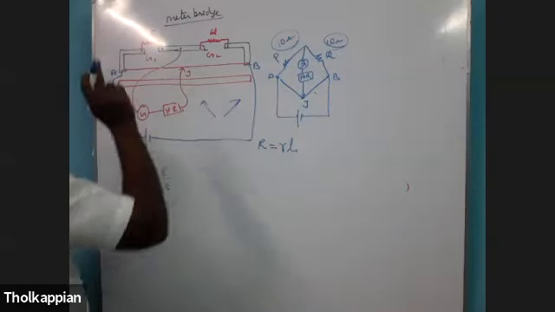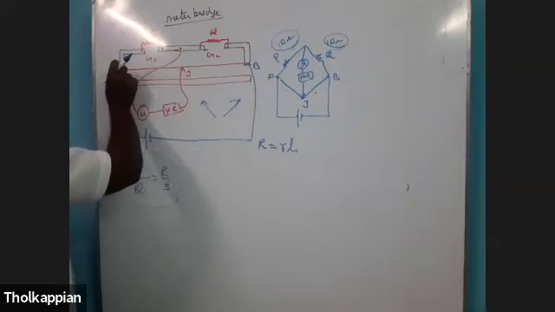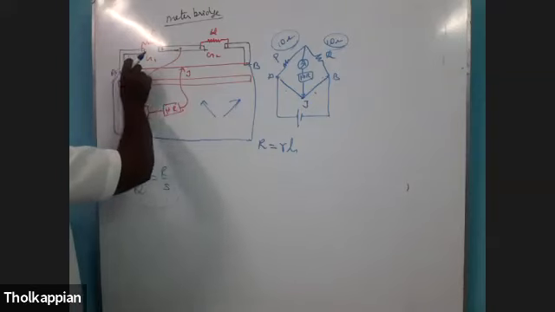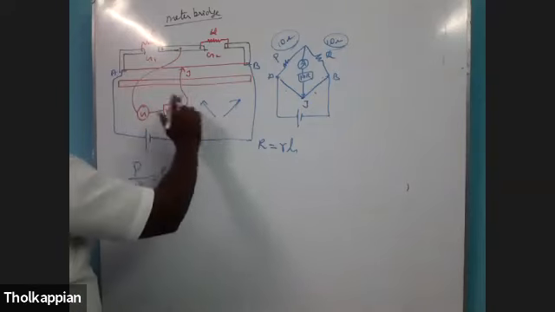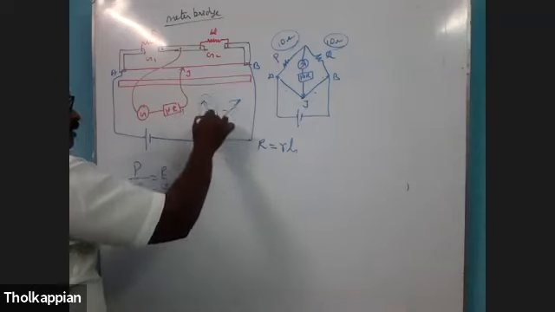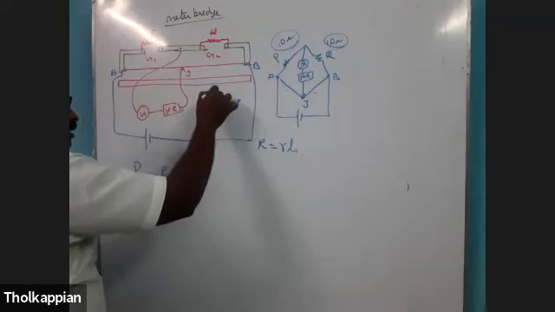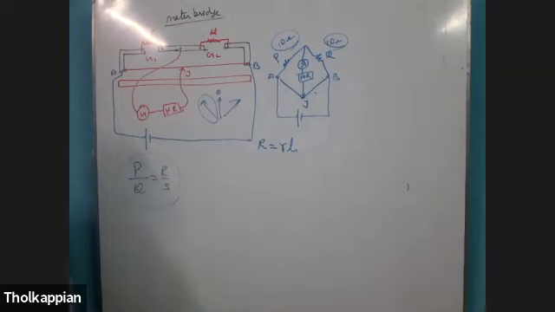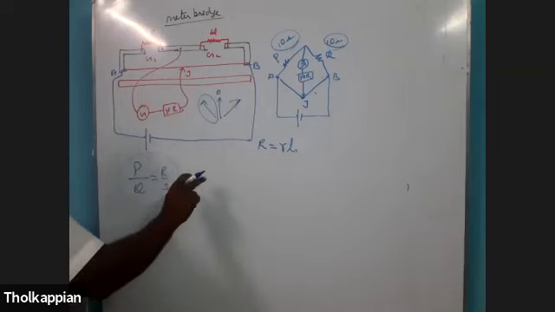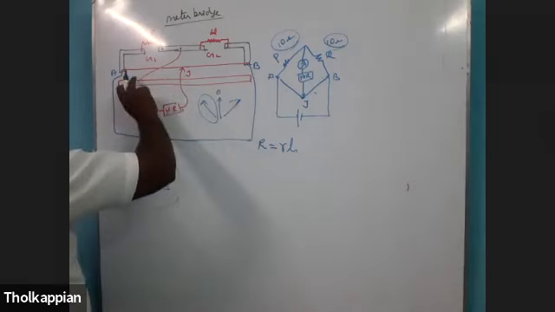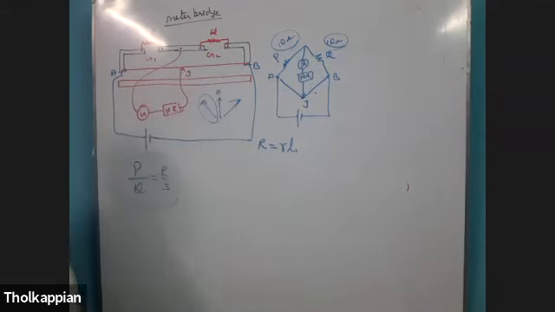So between A and B, one point will show zero deflection. Move the jockey from A to B gradually, and the pointer gradually comes to rest at zero. So now we can say P by Q is equal to AJ by JB.